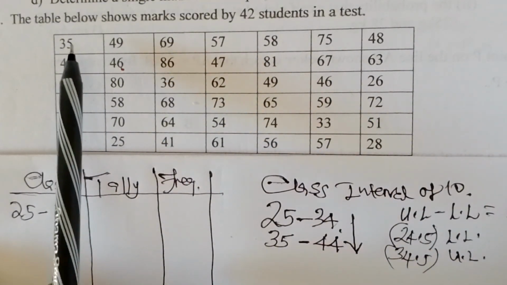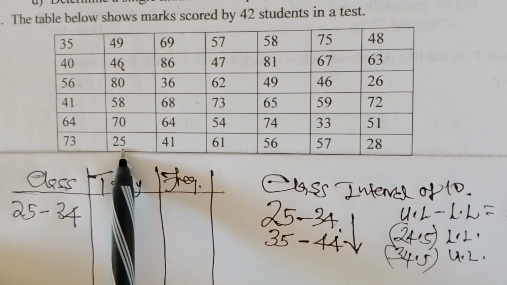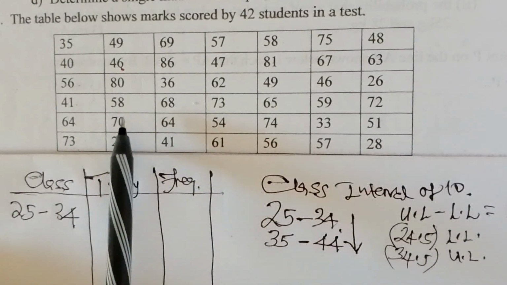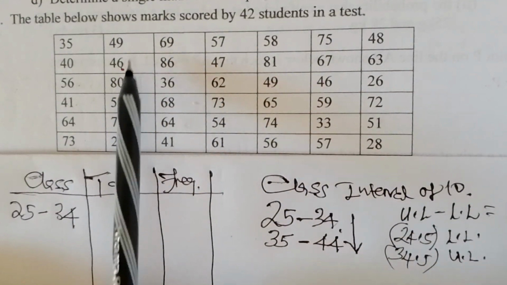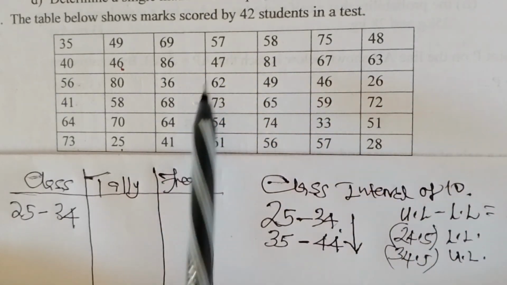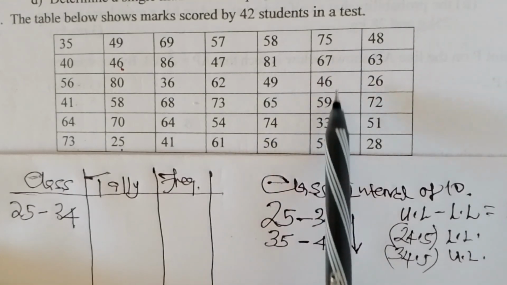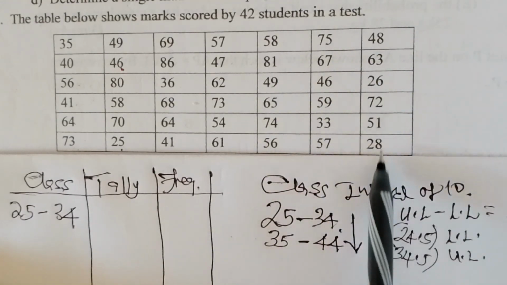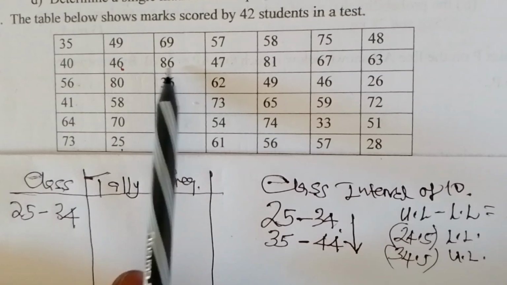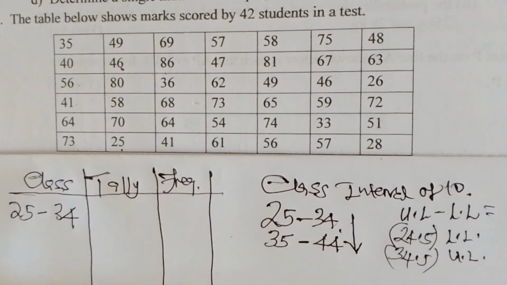Our minimum value for the data, I think, will be given by 25, and our maximum value for the data, from what we have, I can see we have 86, 81. Yes, our maximum value for the data will be 86. So we run the classes up to what captures 86 and above.